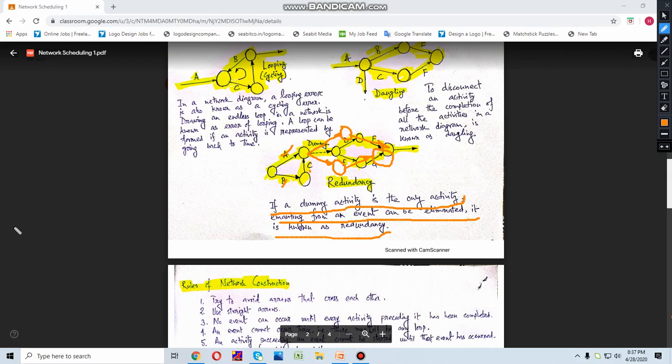Let me just draw it. So this was A, this was B, and this was C. Now here what has happened is you are connecting this event with this event by a dummy activity.